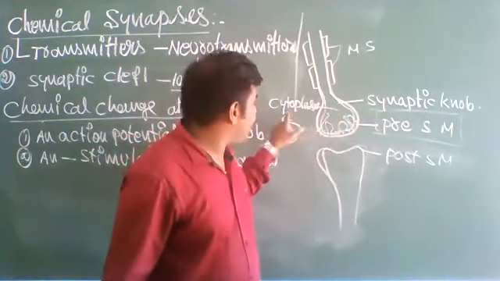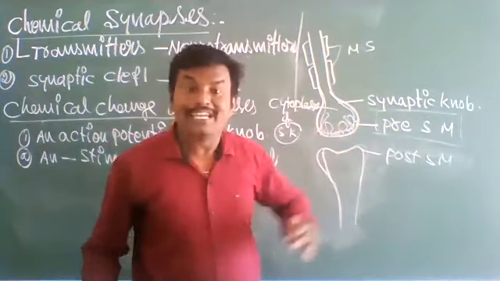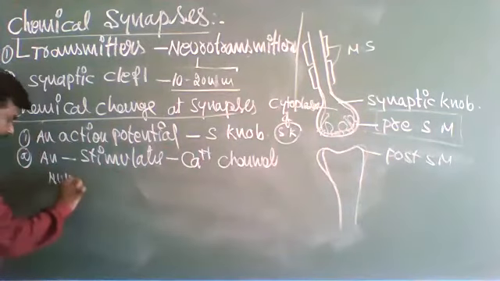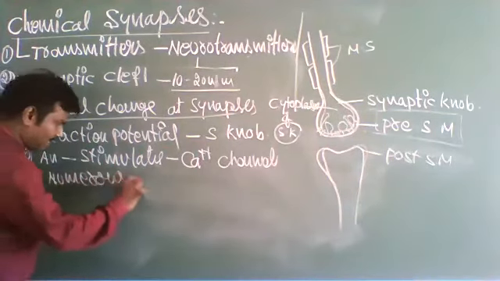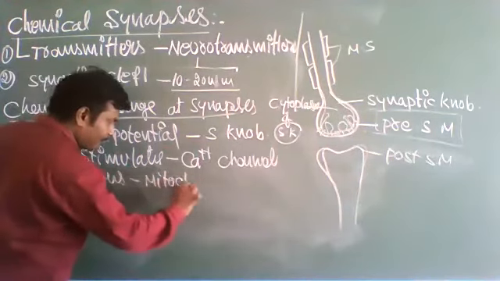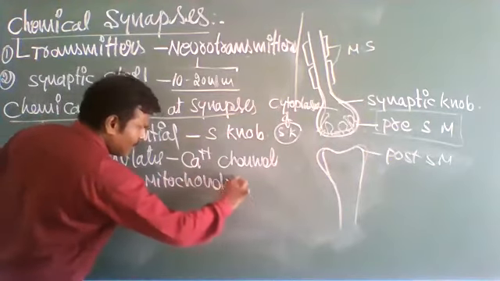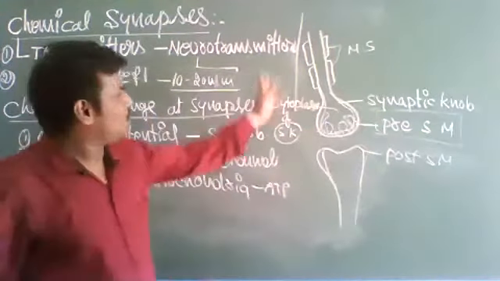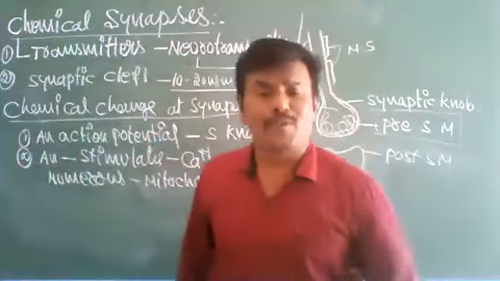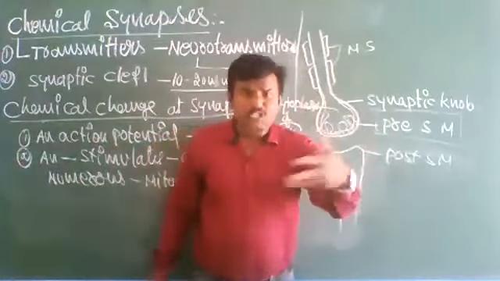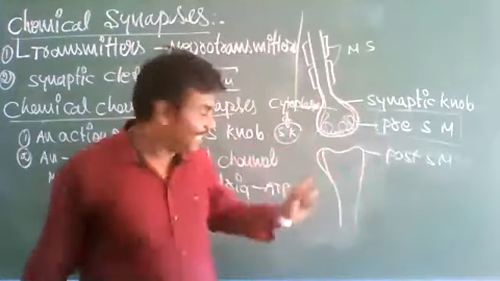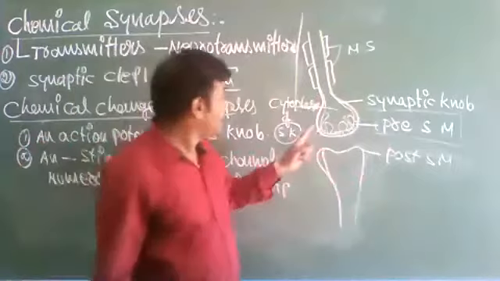The cytoplasm of the synaptic knob contains numerous mitochondria, which are responsible for the production of ATP. These are all energy expenditure processes. Who will provide that energy? Mitochondria, that is ATP. Okay.